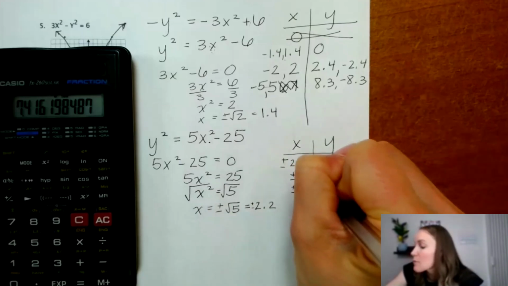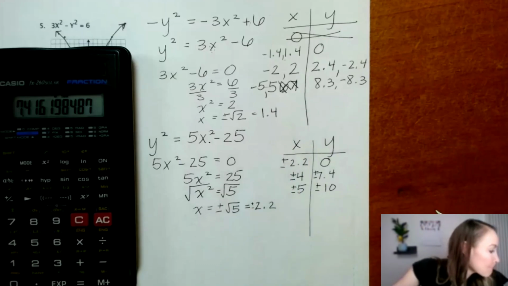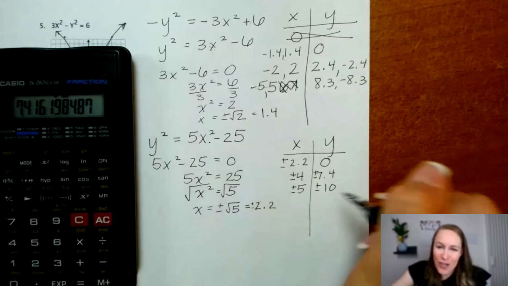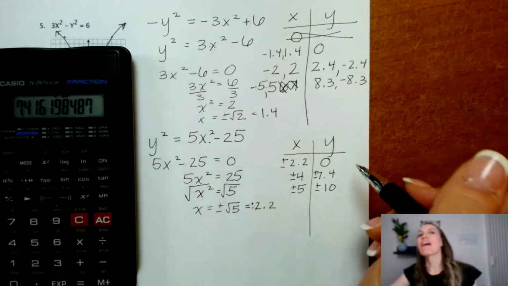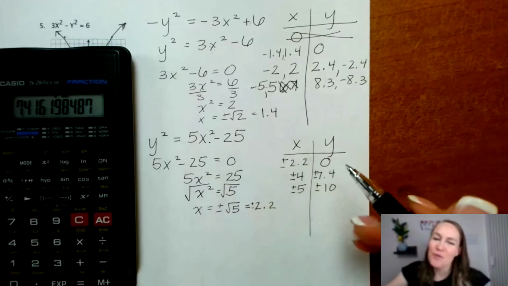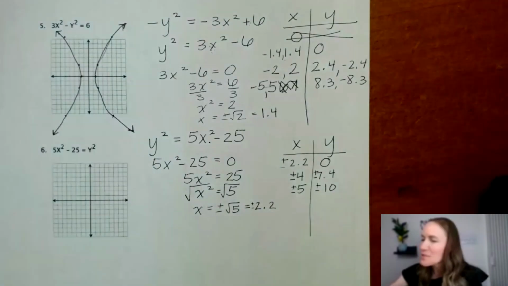So I have plus minus 10. So I know that's off my chart, but I just think that if I did 3, it would just be too close. So that's what I'm going to go with. I'll just estimate it off the chart. It's fine.